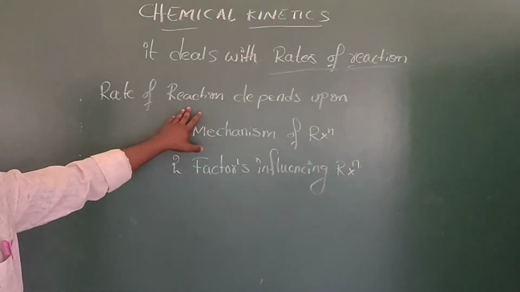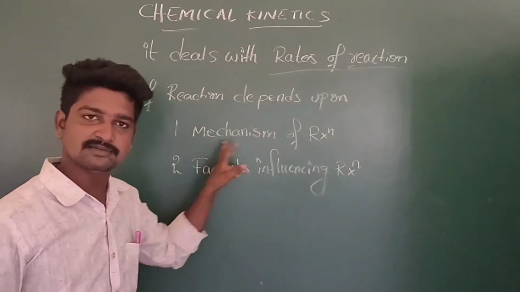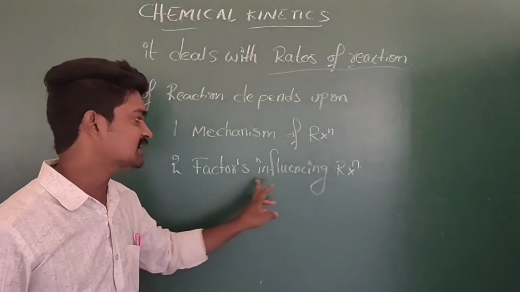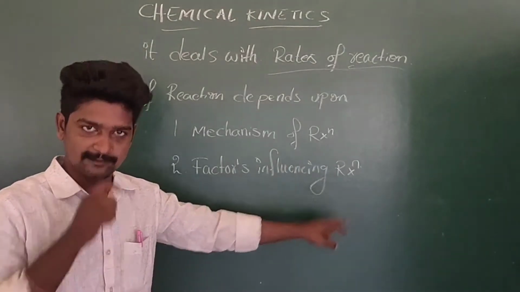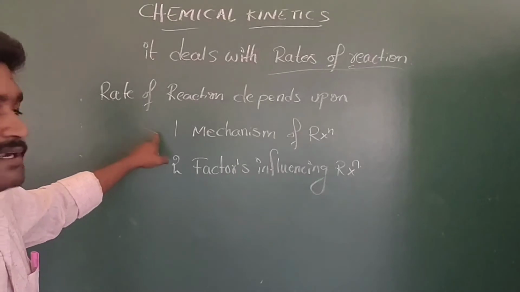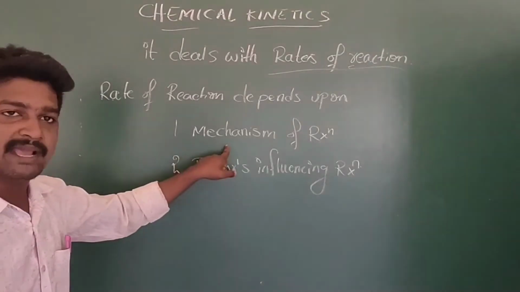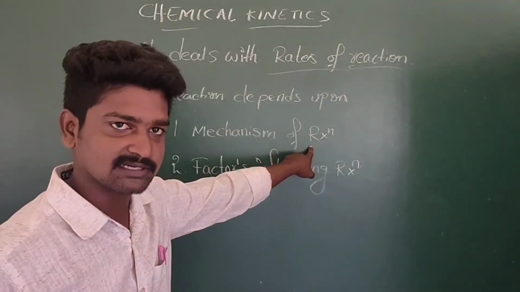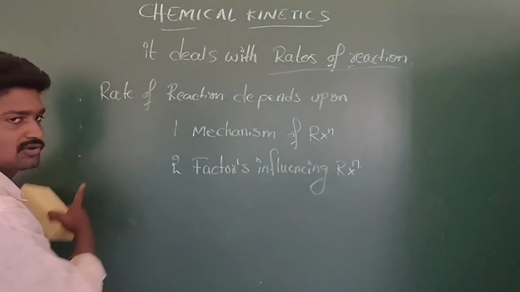So rate of reaction depends upon mechanism of rate of reaction and factors influencing rate of reaction. See, we can discuss the mechanism of reaction. Okay, note down this one.